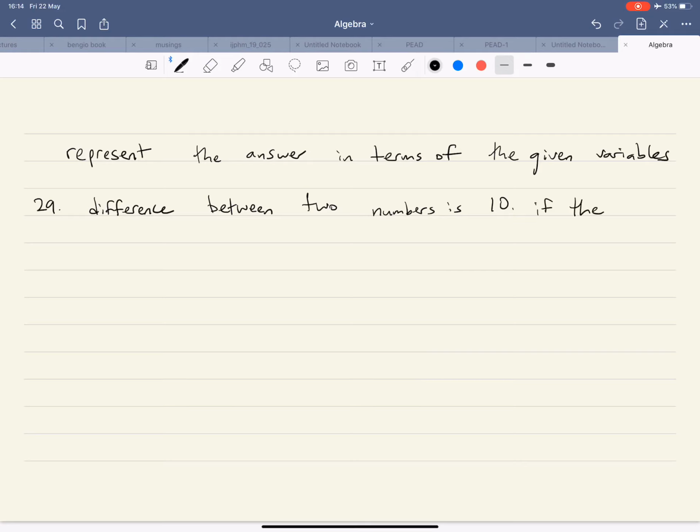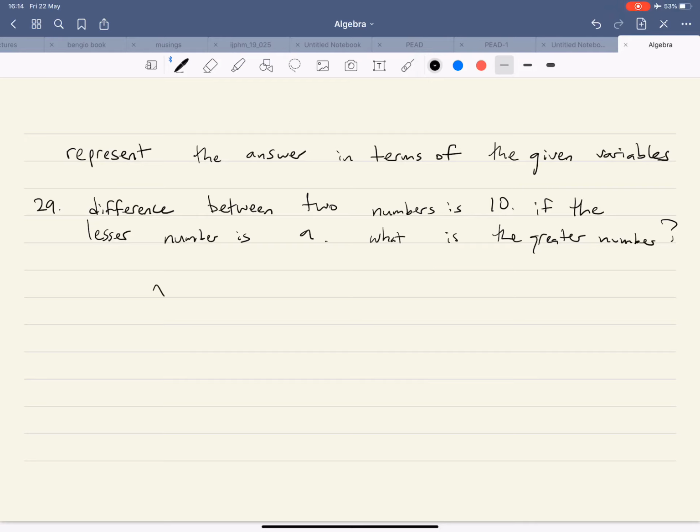If the lesser number is A, what is the greater number? Okay, so I've got two numbers that I'm subtracting to get to 10, right?